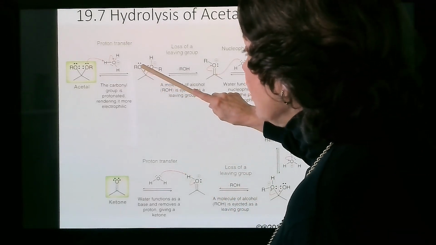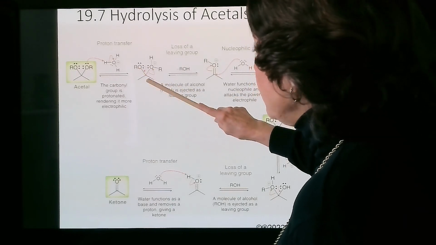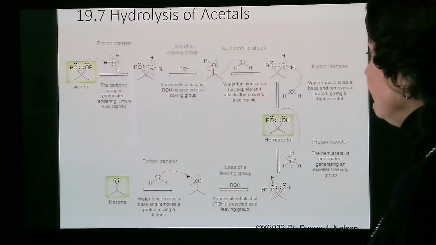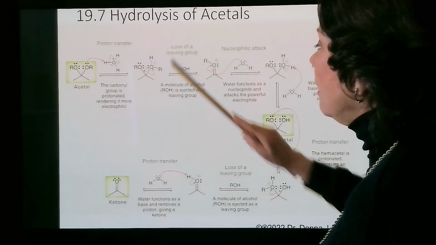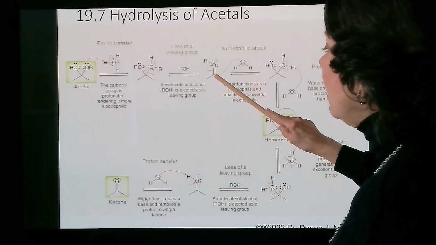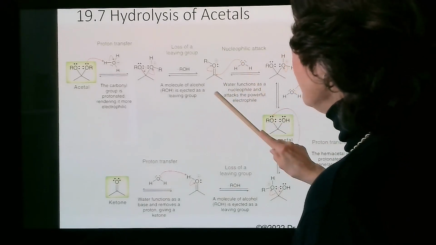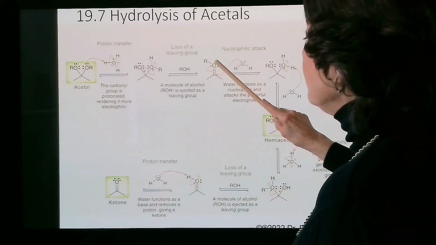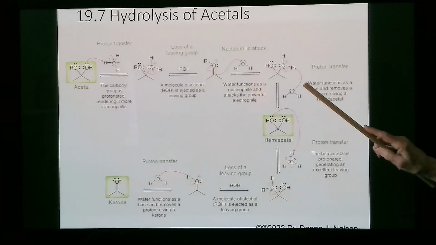A pair of electrons on oxygen can move in, form a double bond here, and you have the alcohol leave. So you lose your first molecule of alcohol. Then you have water come in, occupy the anti-bonding orbital, a pair of electrons on oxygen, and the pair of electrons in the pi bond moves out onto oxygen, satisfying the positive charge.